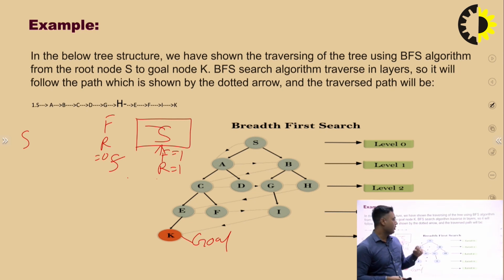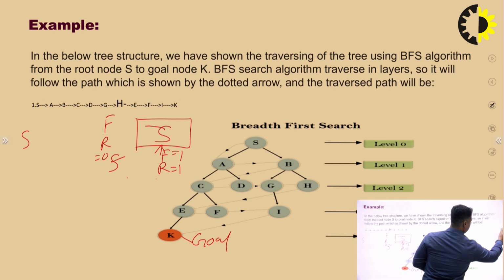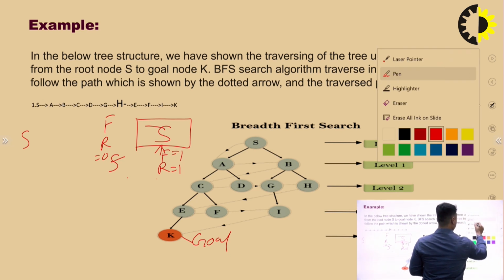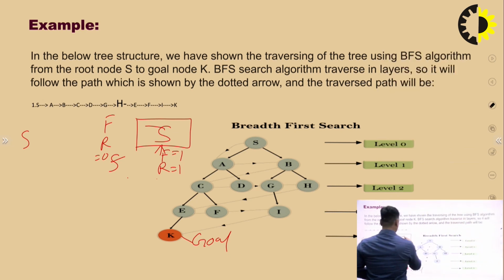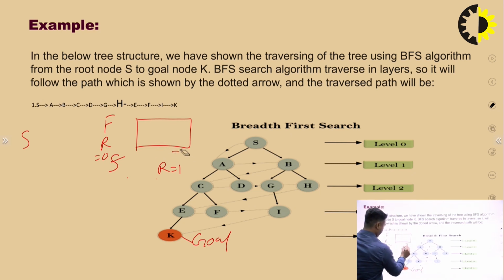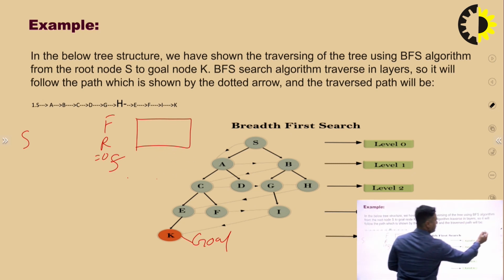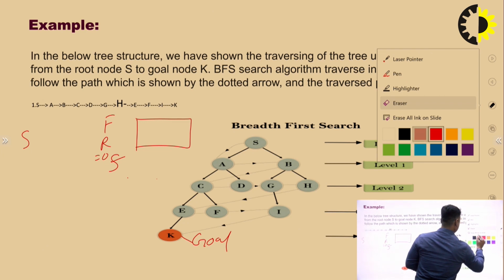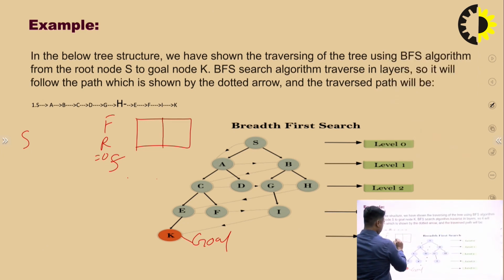But S is not my goal node, so I have to move to other nodes and check the adjacent nodes of S, the root. The adjacent nodes are A and B. So A and B are put in the queue.